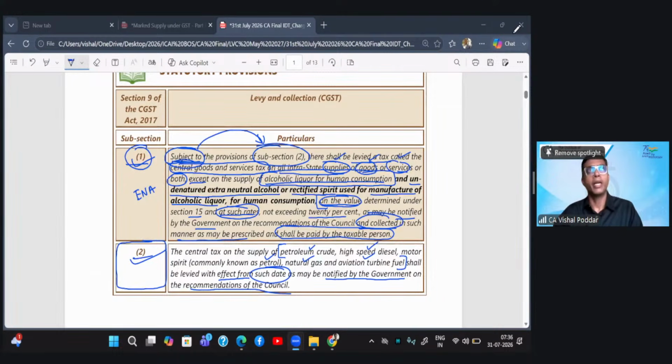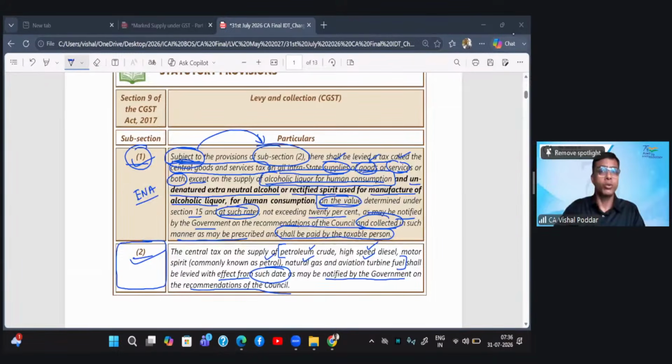Now again, when we are referring to a judgment, students, what I want you all to do is not only know the judgment, try to decode the judgment. When I say decoding the judgment, what does it mean? It means understanding why the judgment is so. I just gave you the answer for this: in the judgment, they have said that this particular product, ENA, which is also called rectified spirit, can be leviable to GST.